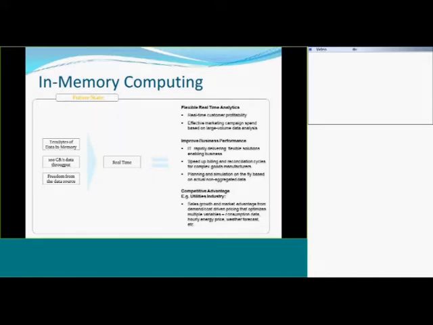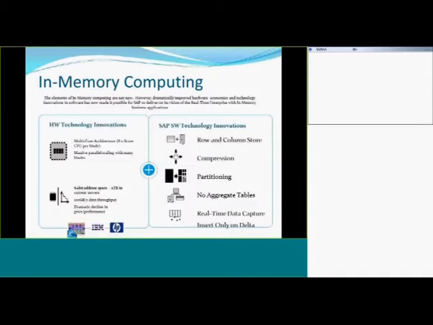So what I was covering was in-memory computing. Hardware technology innovations and SAP software technology innovations combined together have churned out this new application of SAP, which is SAP HANA. The elements of in-memory computing are not new, however, dramatically improved hardware economics and technology innovation made it possible for SAP to deliver its new real-time enterprise and in-memory business application.